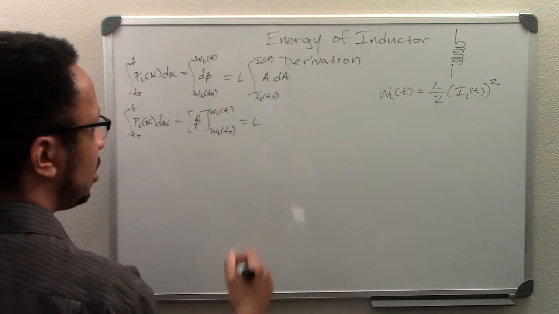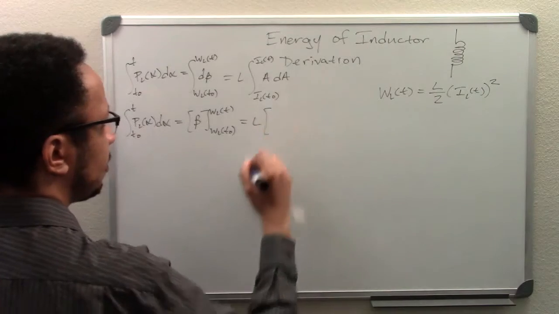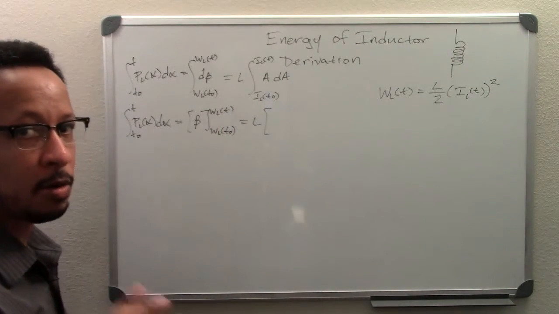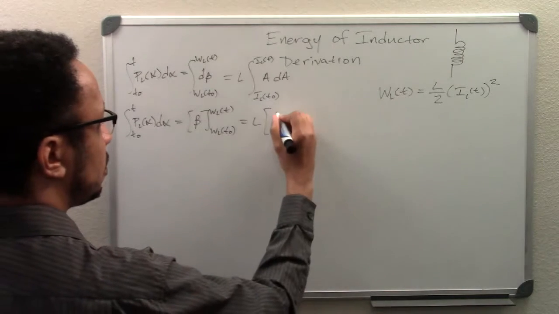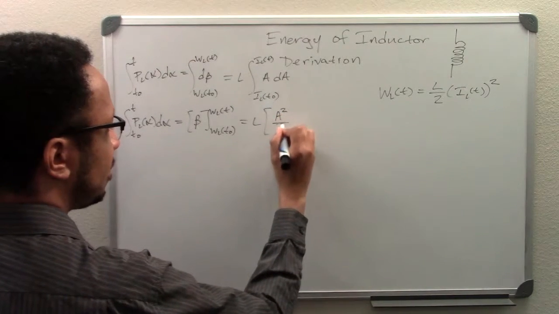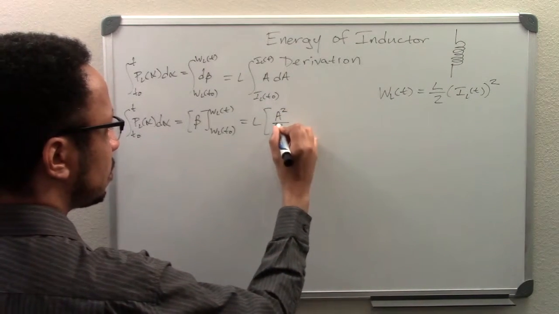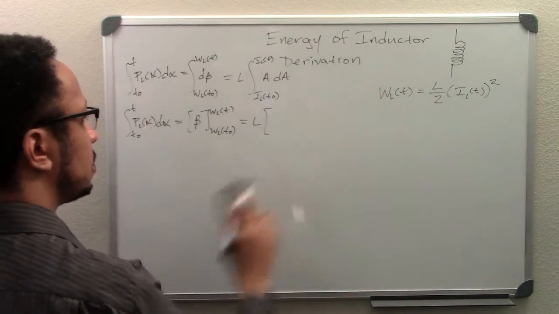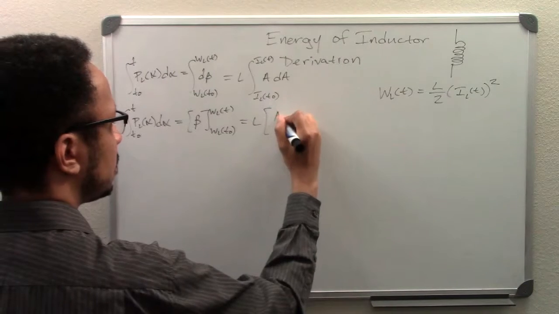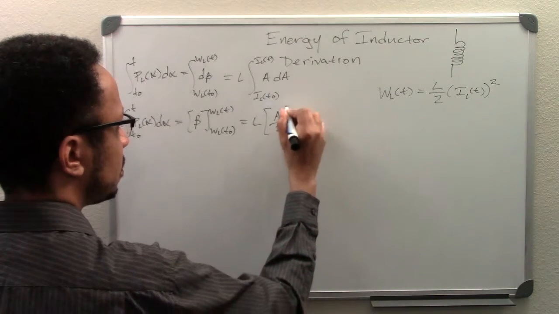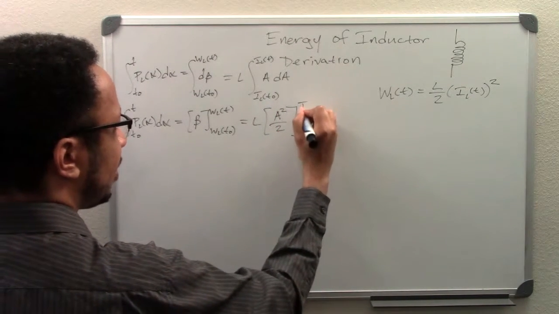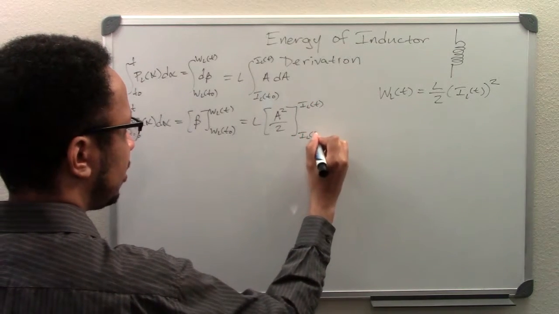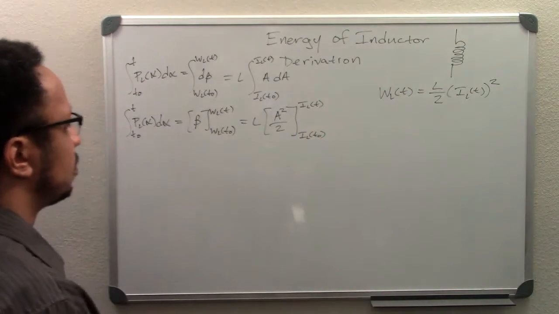We have L over here, and we have A to the second power over 2, between the limits of i_L(t) and i_L(t sub 0).